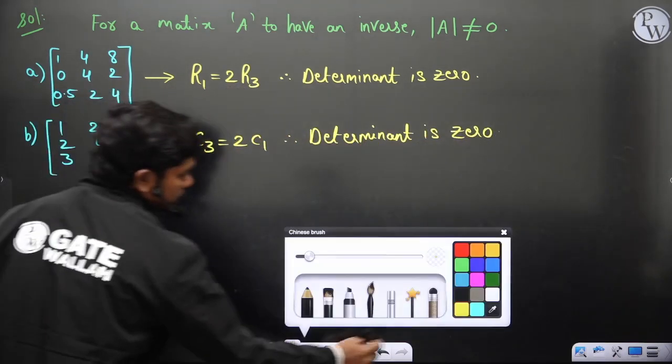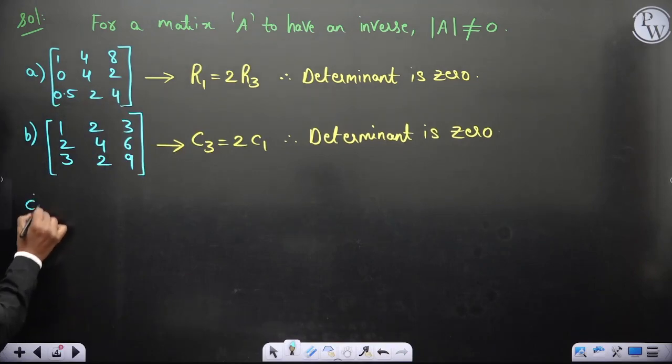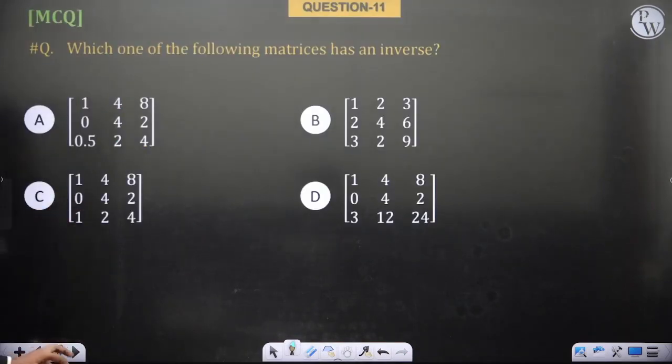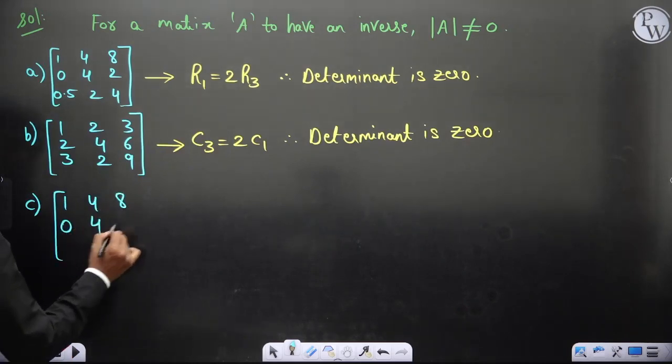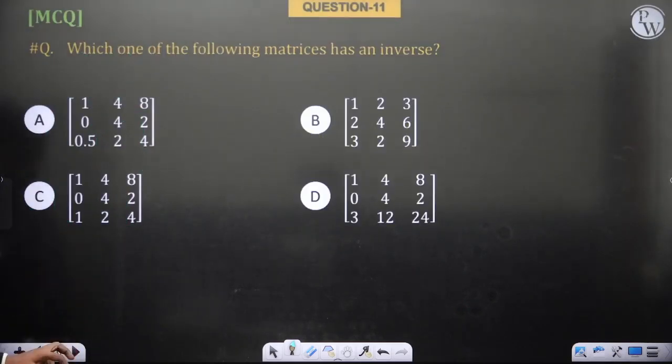Then let's go to the third case. Case 3: 1 4 8, 0 4 2, 1 2 4.